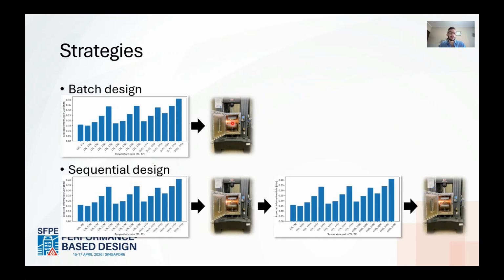But we can do another thing, which is sequential design, meaning that we optimize a first batch of experiments, we run them, and then we use the results to update our prior distributions and run the optimization again to understand, based on those previous experimental data, what will be the optimal experimental protocol that will maximize utility for the next batch of tests. And then we run the batch again, and we can repeat this multiple times based on constraints we have both in terms of time of running your test and in terms of calculation time for running the optimization.